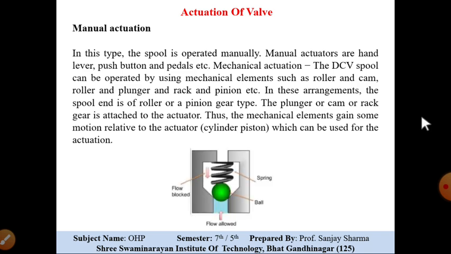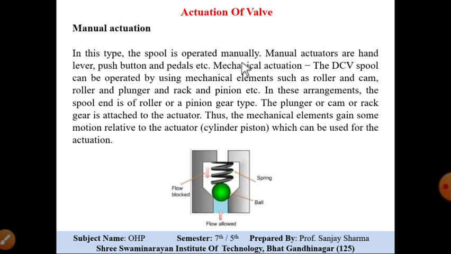How does the actuation take place in order to operate the valve? Now you can see here this valve is operated by a force of the hydraulic fluid. Manual actuations are those actuations in which the spool is operated manually.